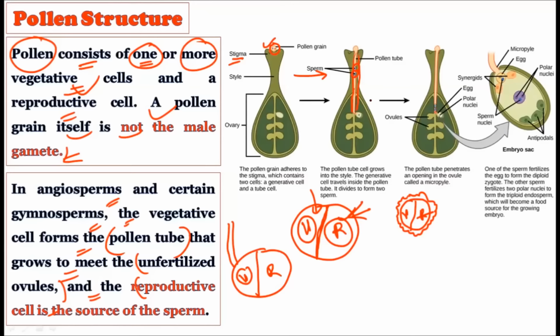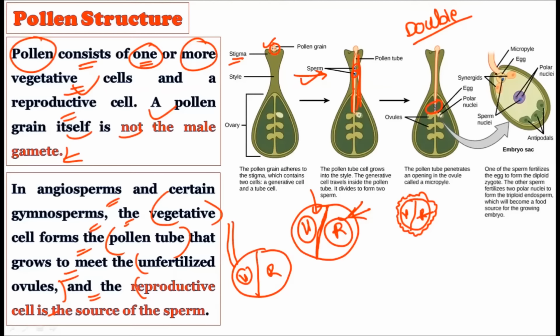Okay, and we have discussed this in our previous lectures, how the double fertilization occurs. That is, one sperm fuses with the egg, and the other sperm fuses with the two polar nuclei, right? So here, after the formation of a pollen tube through the vegetative cell, this pollen tube will run towards the egg, and the reproductive cell in the meantime will create the two sperms.